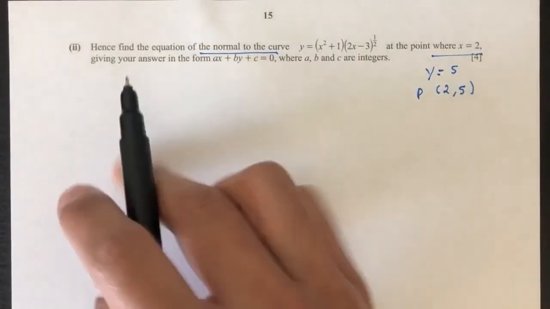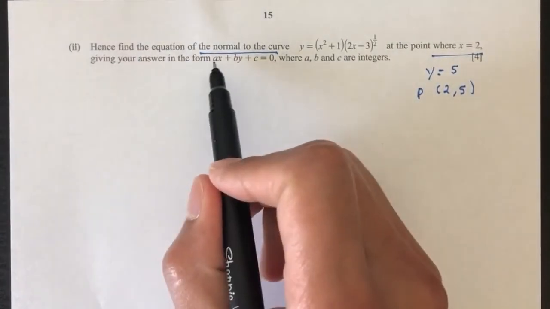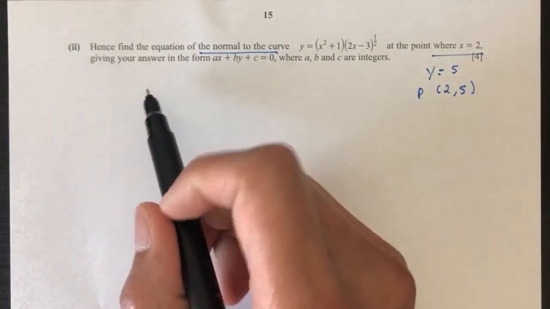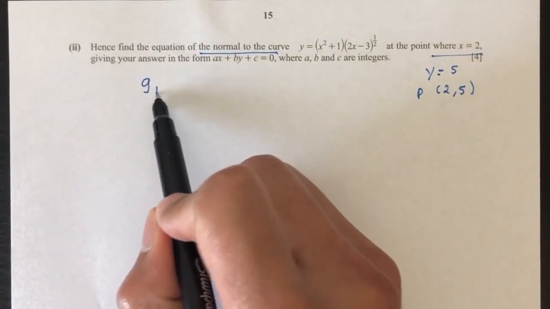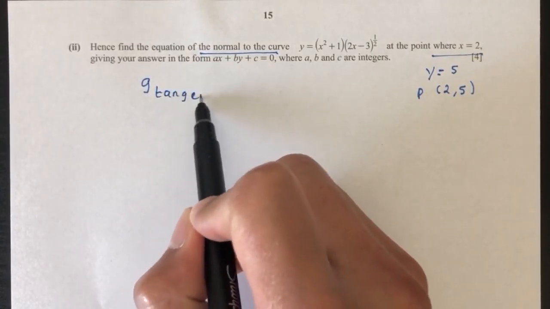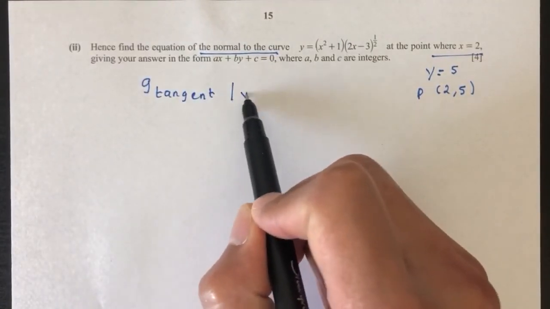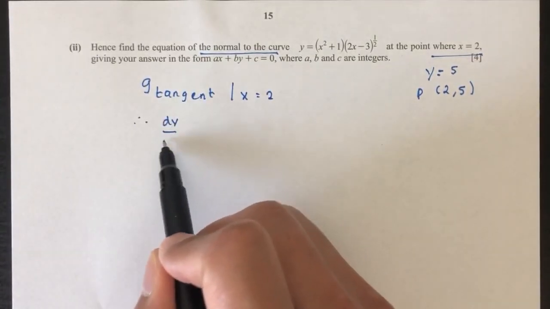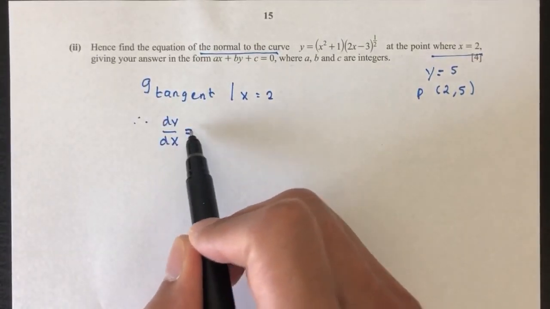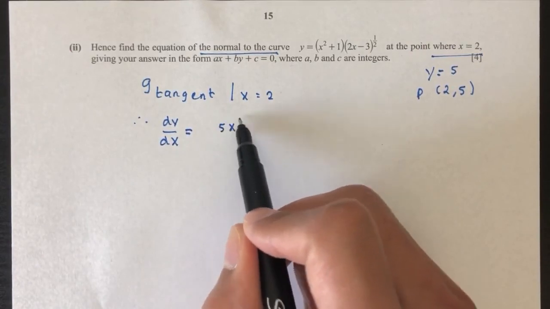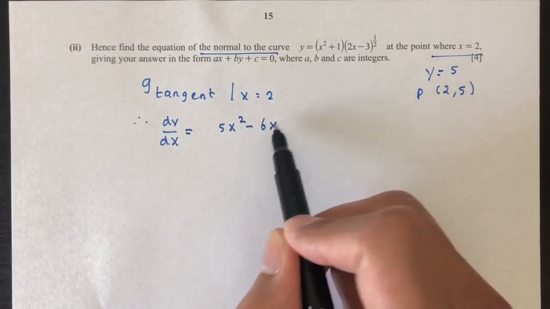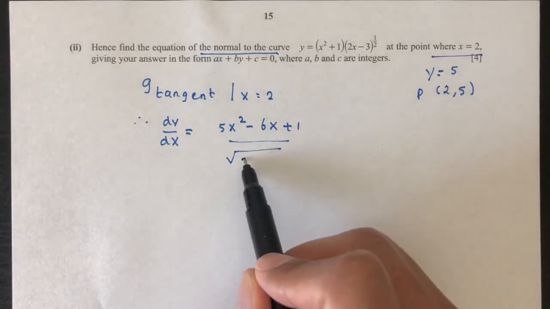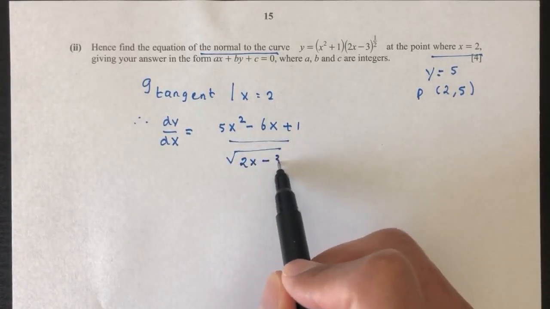Now if you want to find the equation of the normal, you first have to find the gradient of the tangent at x equals 2. So we know from part 1, dy by dx is equal to 5x squared minus 6x plus 1 divided by square root of 2x minus 3.